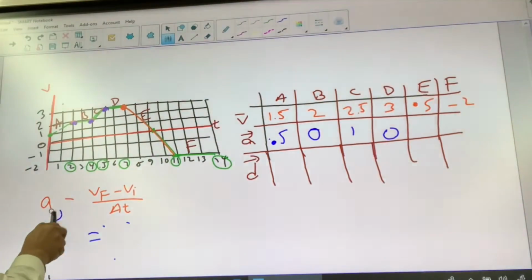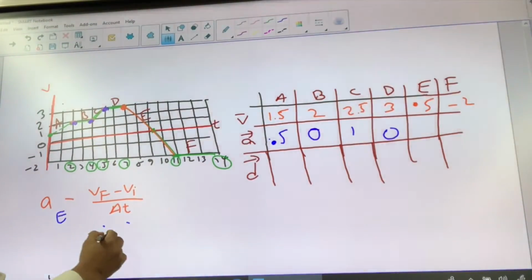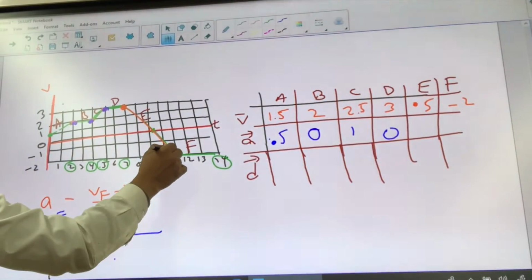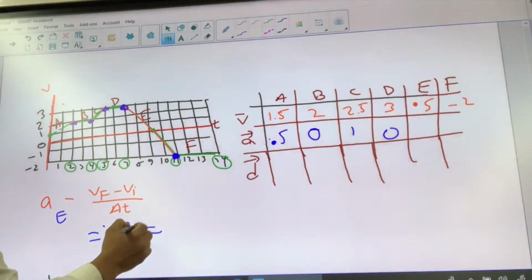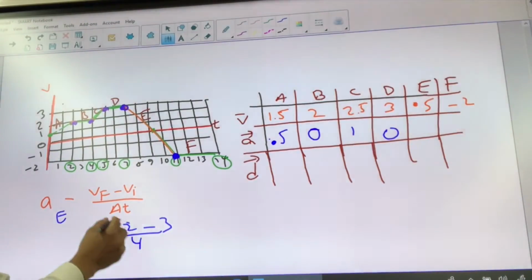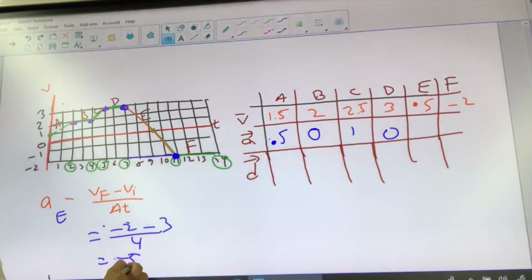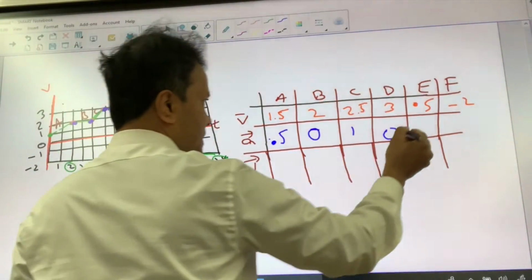Acceleration at section E is negative 2 minus 3 divided by 4, so negative 5 divided by 4, negative 1.25.